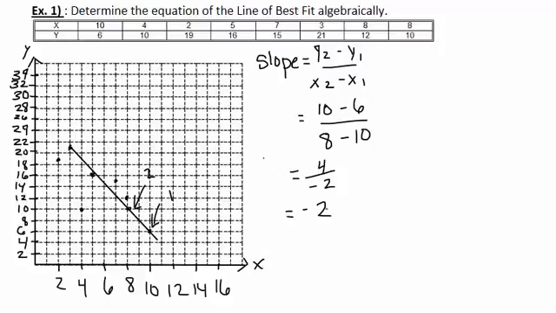Now I'm going to use this slope and a point and put it into my slope point form. So the point I'm going to choose is going to be 10, 6.